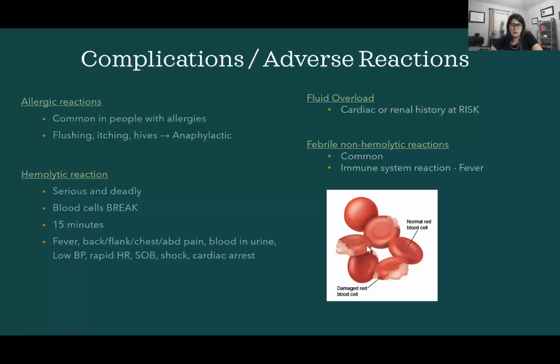You treat it by stopping the transfusion, get the blood and a urine sample, maintain the blood pressure with fluids, give them diuretics to maintain the urine output, because it compromises everything and the kidney starts shutting down.